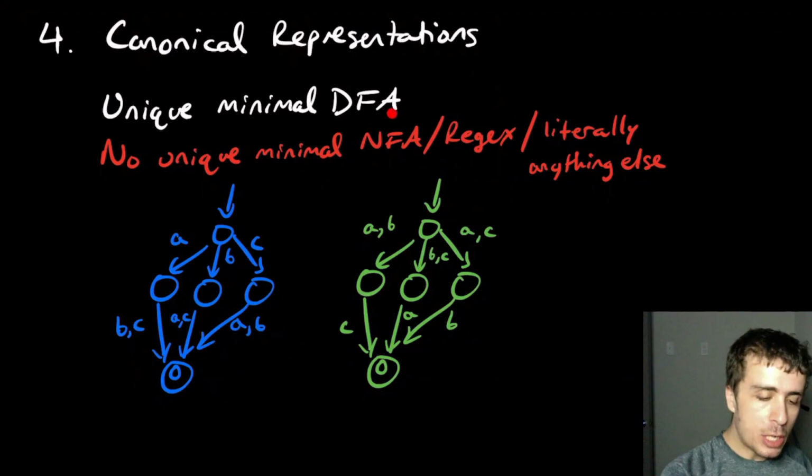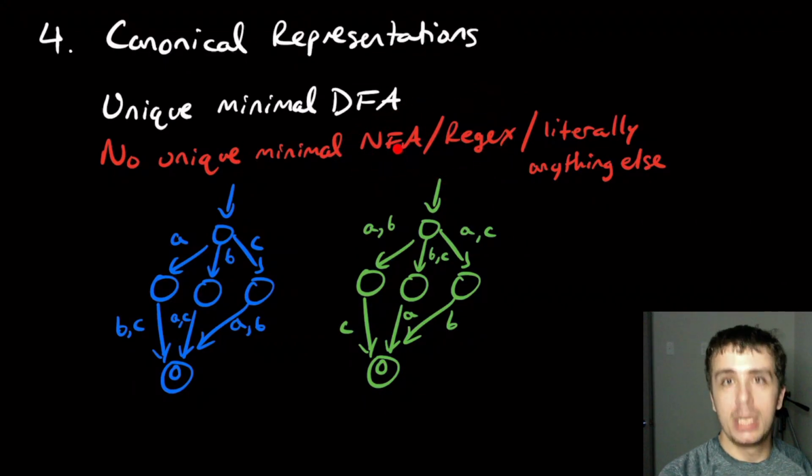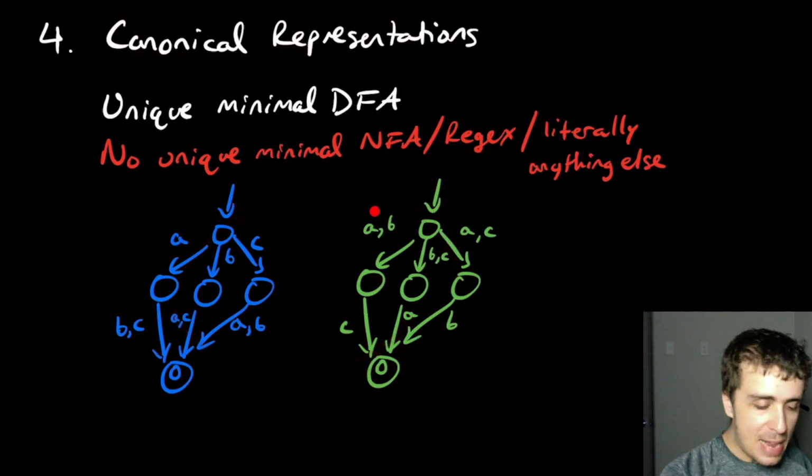But if we talk about the equivalent models in terms of what they compute to DFAs, which are the NFA and regexes, and actually literally any other model that is usually studied in this area, there's no unique minimal representation of that thing. So I have an NFA in both of these.